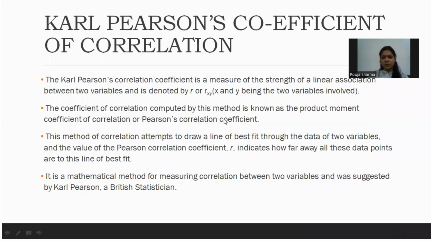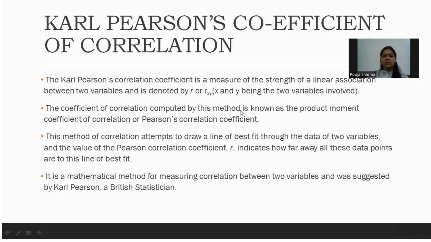The Karl-Pearson coefficient of correlation is denoted by small r. If we have two variables x and y, then it is denoted by rxy. The coefficient of correlation is also known as the product moment correlation or Pearson's correlation coefficient.